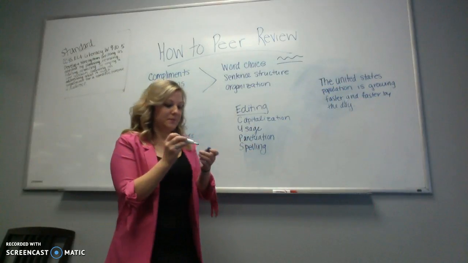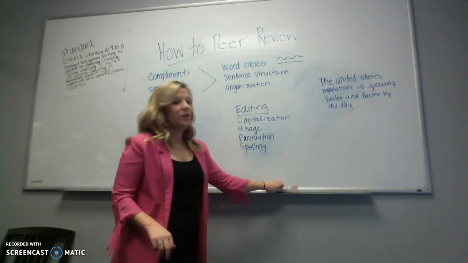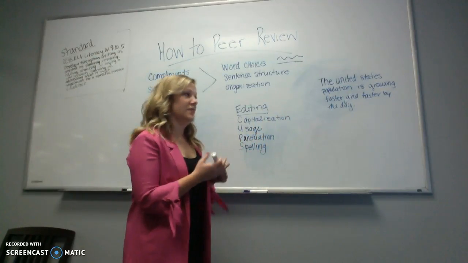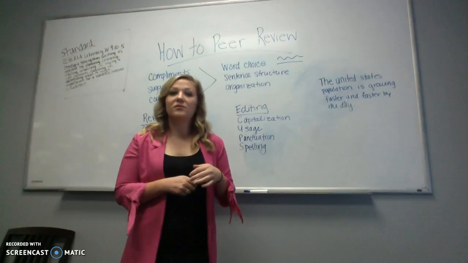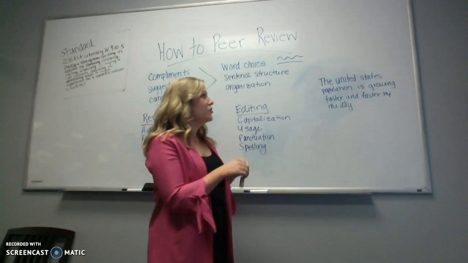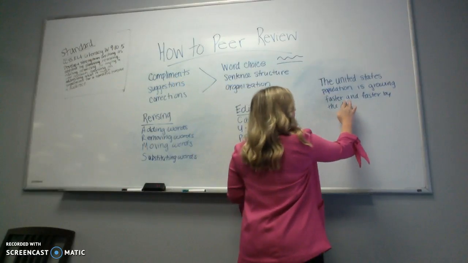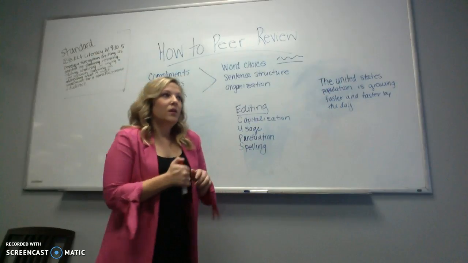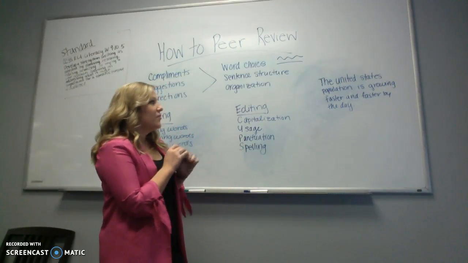Okay, let's think about this sentence right here. This sentence is in our friend's essay, and we're reading and come across this sentence. Let's talk about, first of all, word choice. The United States population is growing faster and faster by the day. Faster and faster.